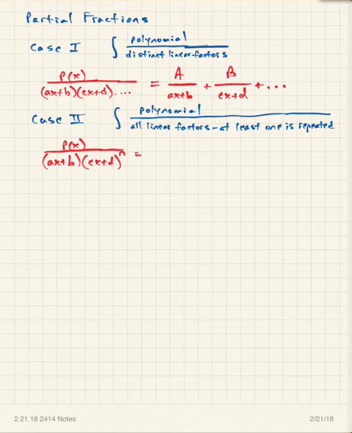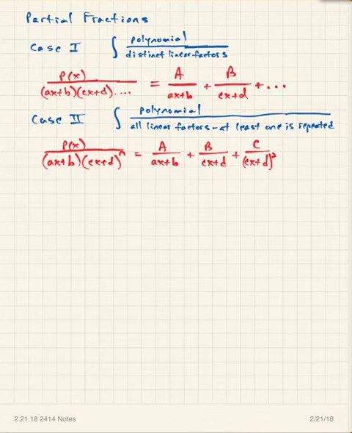So the one distinct linear factor, ax plus b, you treat that just like you did in case 1. So that'd be just capital A over ax plus b. But then when you get to the repeated factor, you have to include a separate fraction for every power of that linear factor up to n. So notice I've got cx plus d to the first in one fraction. I have cx plus d to the second in a second fraction. Whoops, and the numerator should be a C there, sorry. So notice the numerators are distinct constants.